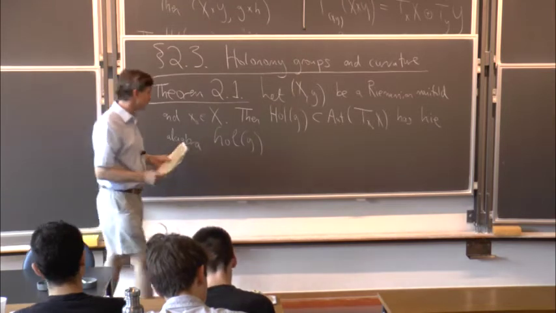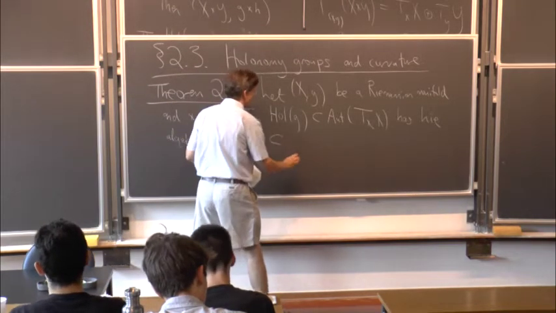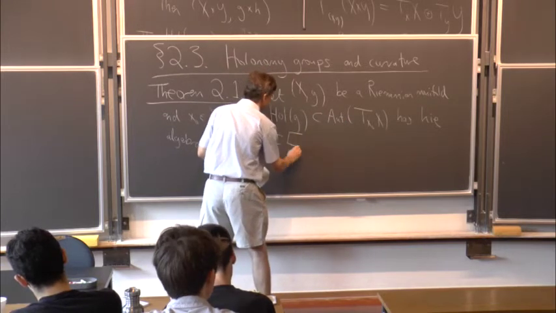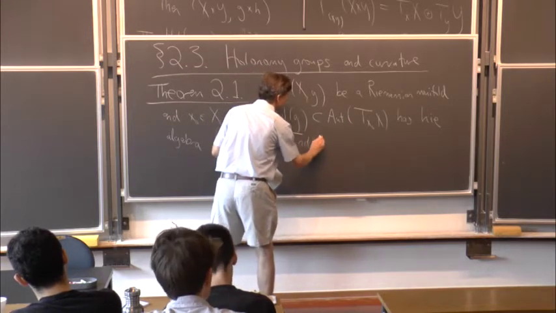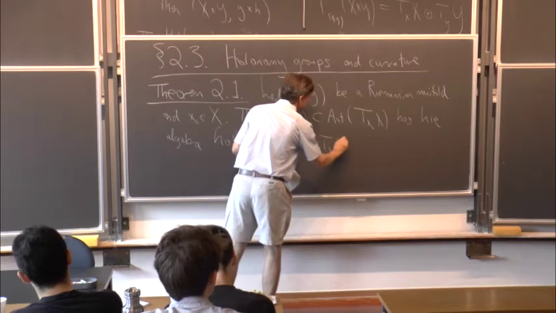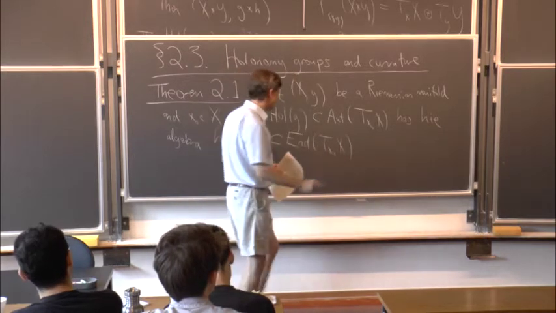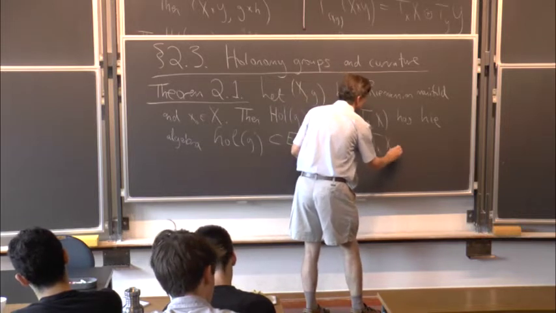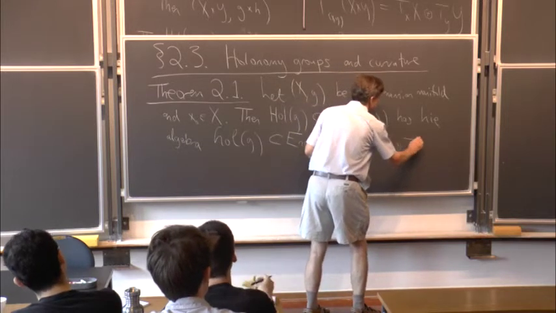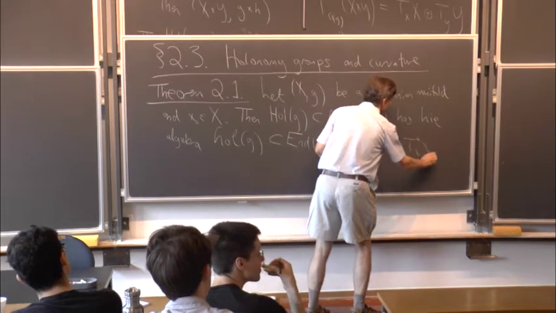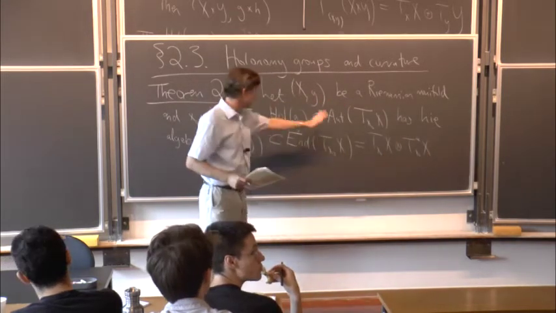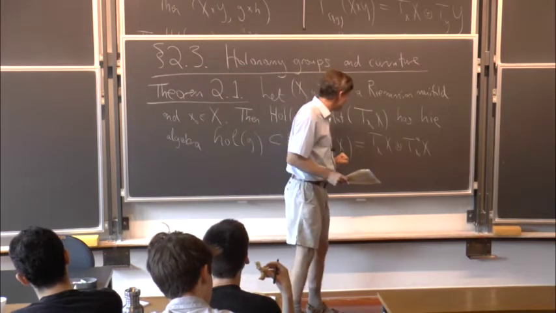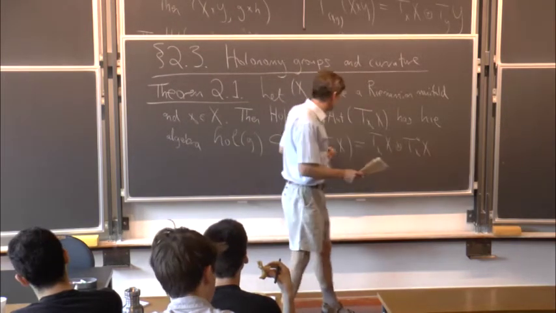And this is a vector subspace, in fact a Lie subalgebra of the Lie algebra of the group of automorphisms, which is just the endomorphisms of T_x0 X. By this I just mean T_x0 X tensored with T*_x0 X. But you can think about this as a Lie algebra or even an algebra because you can compose things there.